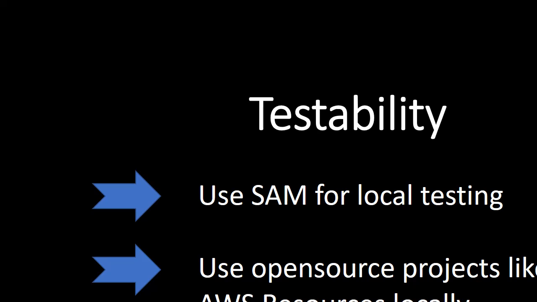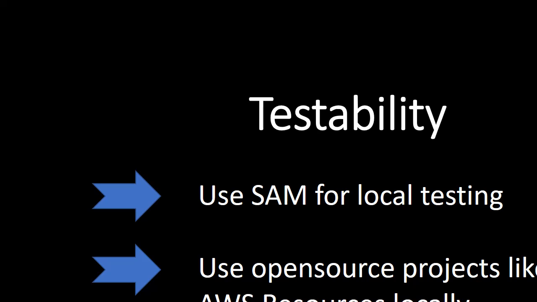Now let's talk about the testability. A Lambda function runs on AWS only. How do we test the Lambda function before we deploy on AWS? AWS has provided a service which you can download.